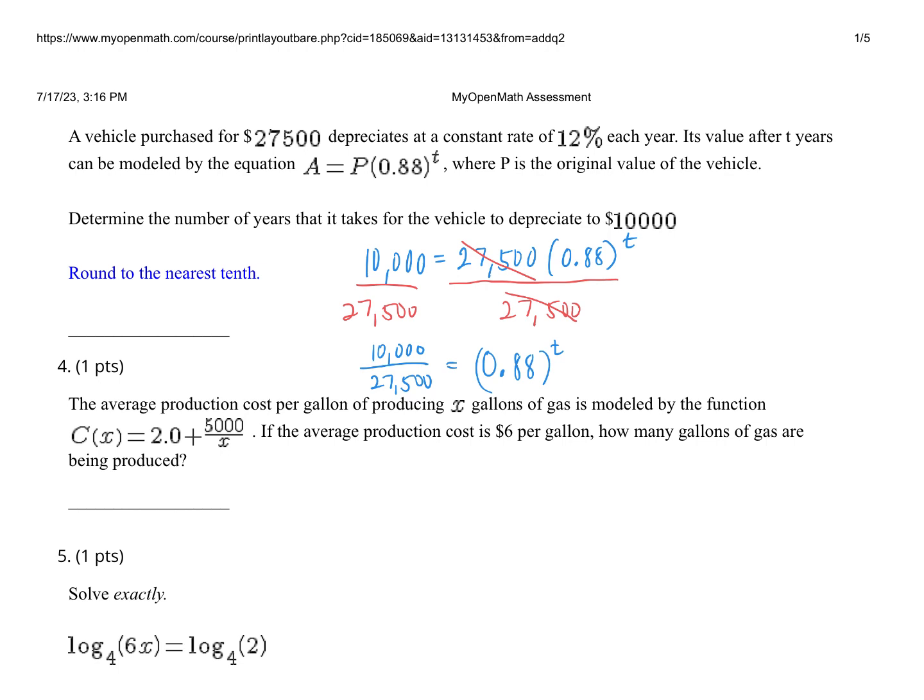All right, so take the natural log of both sides, which will allow me to bring down the T. So this will be the natural log of 10,000 over 27,500.